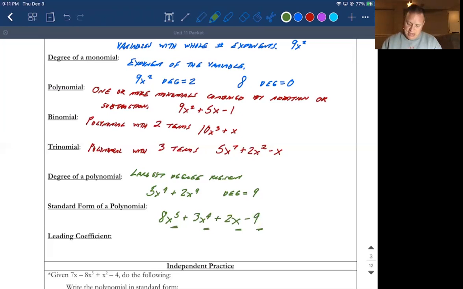So we can say that it's the number in front of the largest degree term. So like in our example above, the 8 is the leading coefficient. That tells us actually a lot.